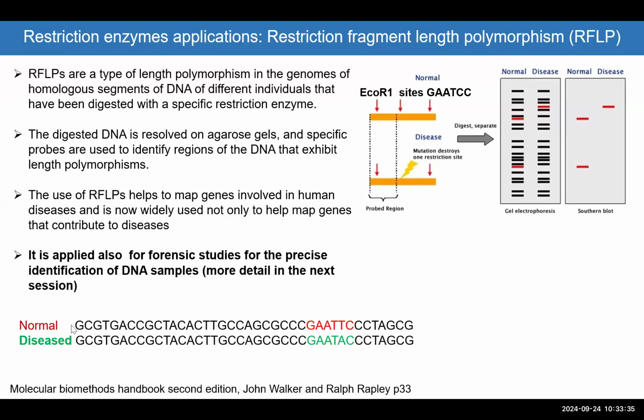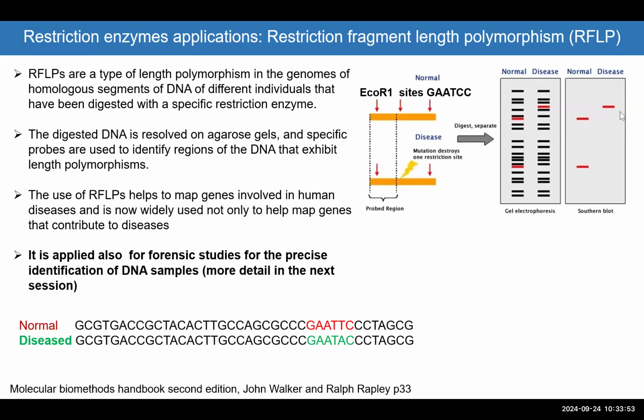So in this condition, the probe is covering this area here. So in normal people, we will have a cutting site for EcoR1, while in diseased personnel, we will not have this because it's mutated.